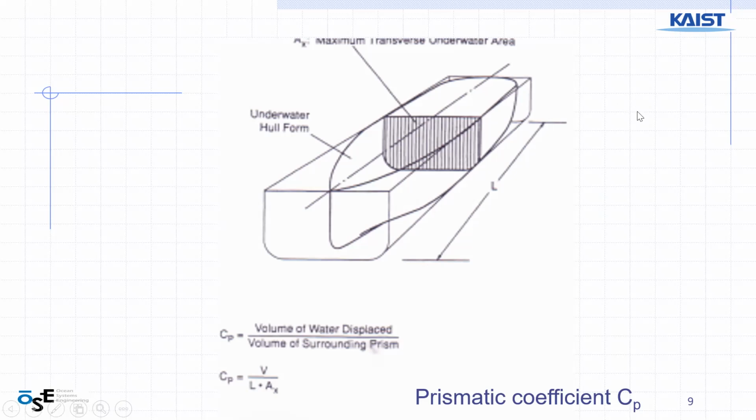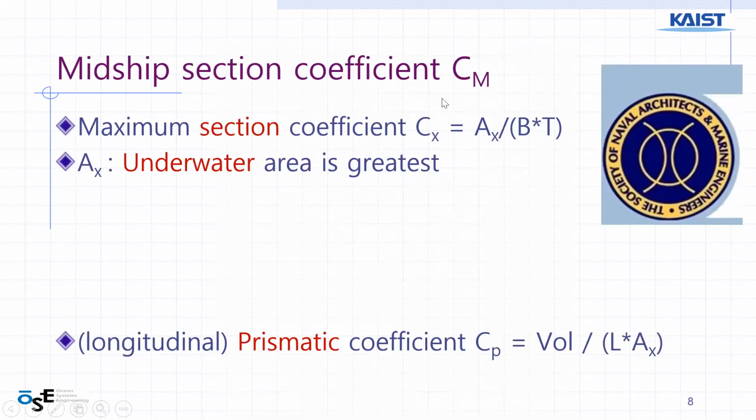Did you get it? But this one is different. Yes. This is based on area, not volume. And for many ships, the big ships, CM and CX are the same. But small ships sometimes are different.